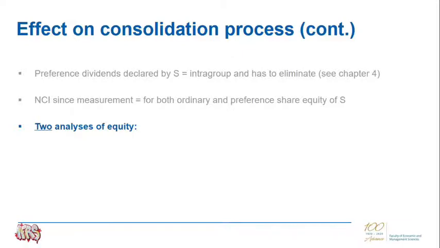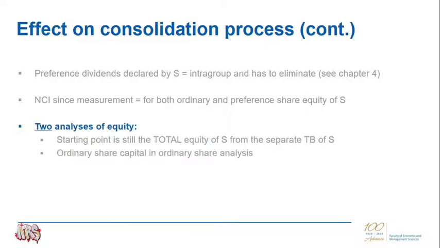Right, so if you now have to prepare two analyses, how do you do that? As I've said, your starting point is still the total equity of S from the separate trial balance. That will never change. Then the ordinary share capital included in the total equity of S will only be in the ordinary share analysis.